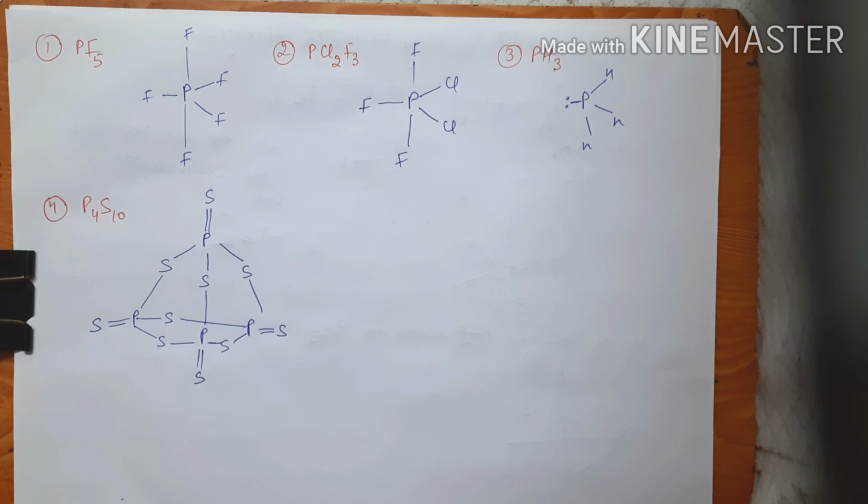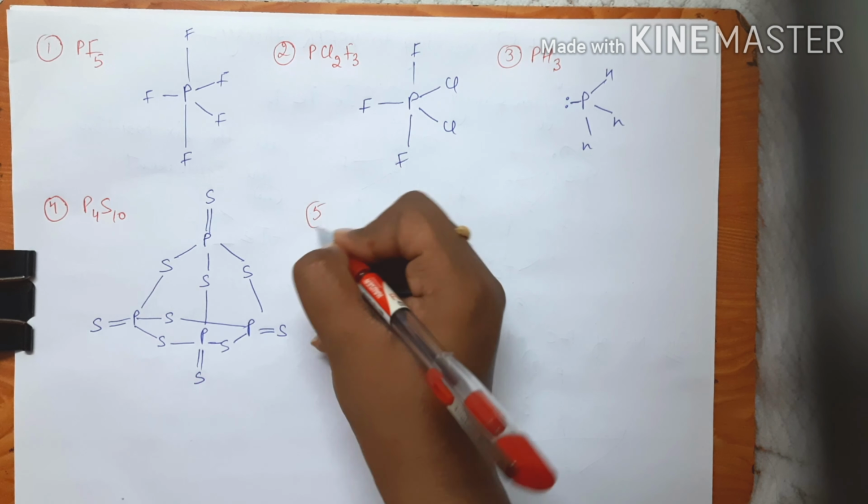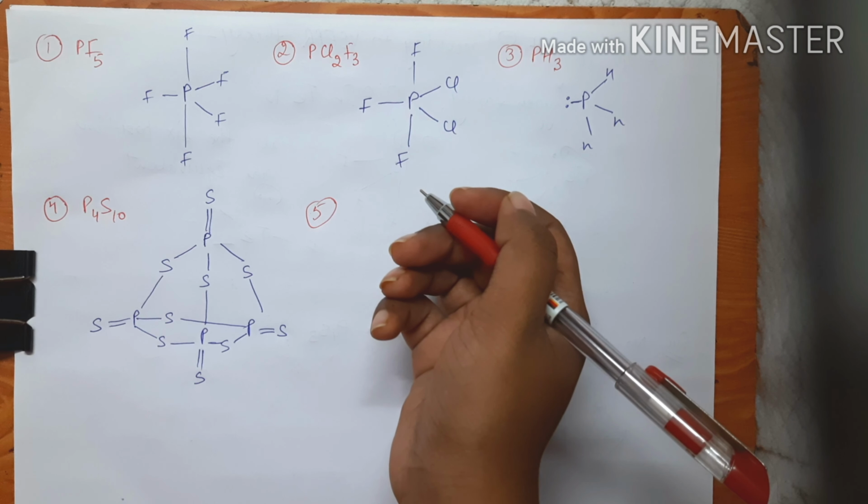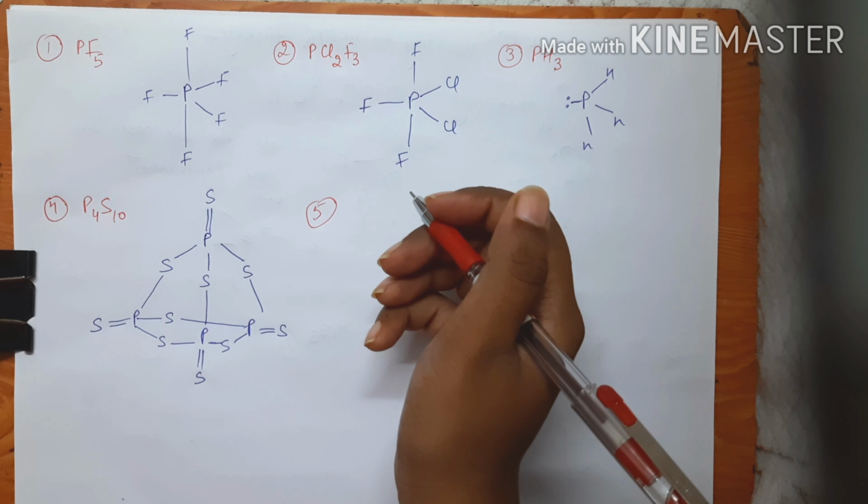For that you should know the shape of these molecules, because you have to see the environment; without knowing the structure of the molecule you cannot tell about the environment.